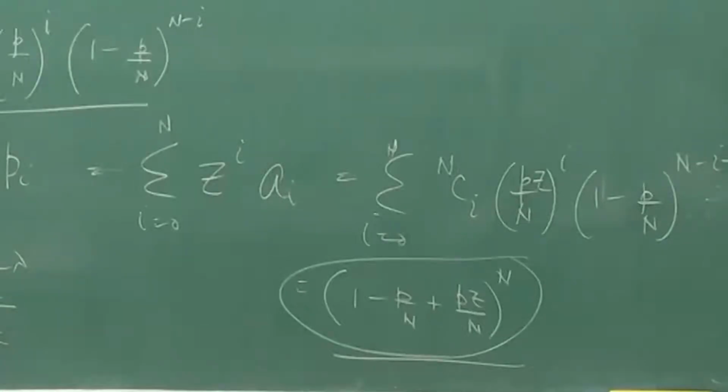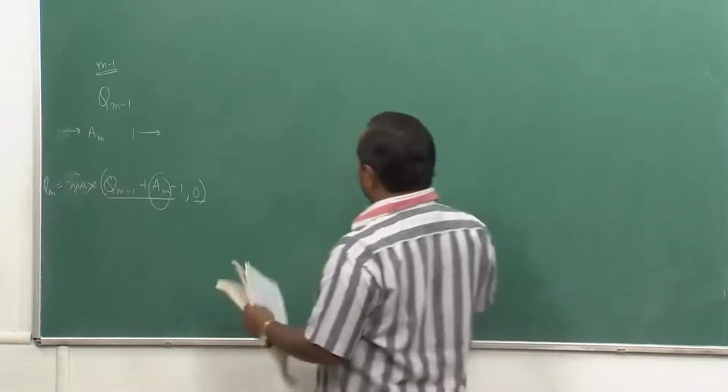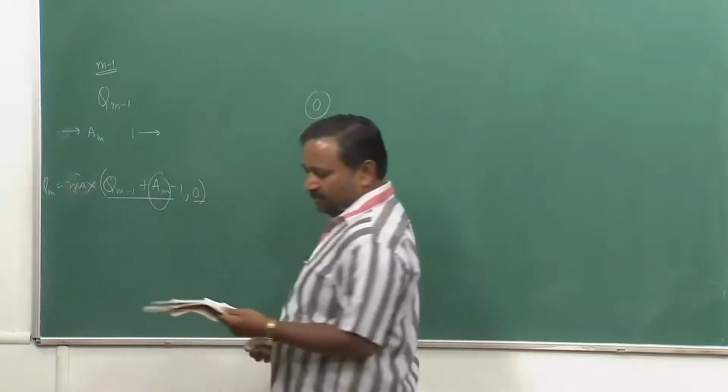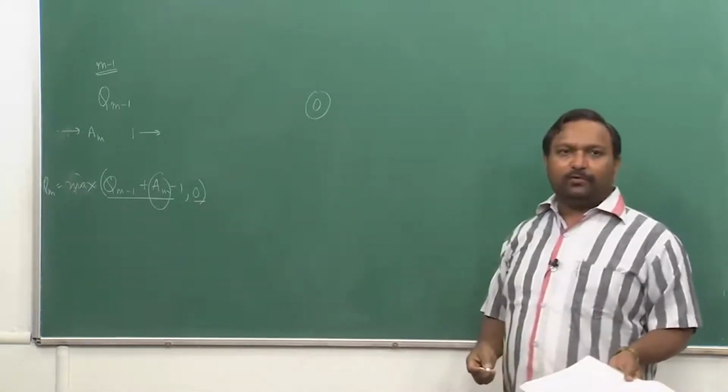So in fact we can even draw the Markov chain for this. You can refer to any book on queuing theory, the standard textbook for this one. I am actually directly using the results. So you will have something like 0 state when there is no packet in the queue.